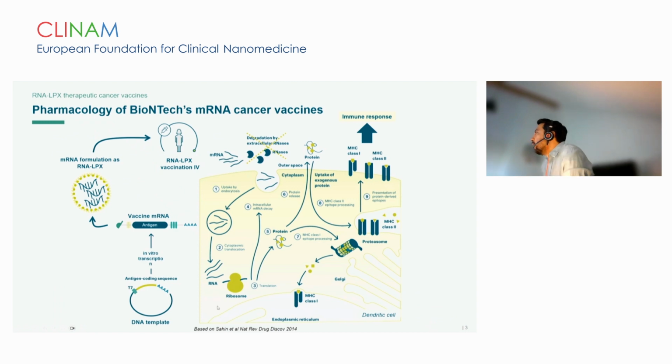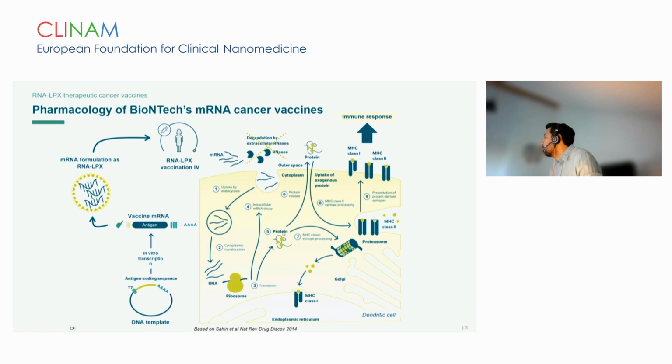Here, this is the mRNA technology that we are using. We formulate RNA with, in this presentation, I will show examples of RNA lipoplexes that can be used to immunize animals or humans, and there the RNA is internalized by endocytosis and then escapes from these endosomes and gets translated by the ribosome.